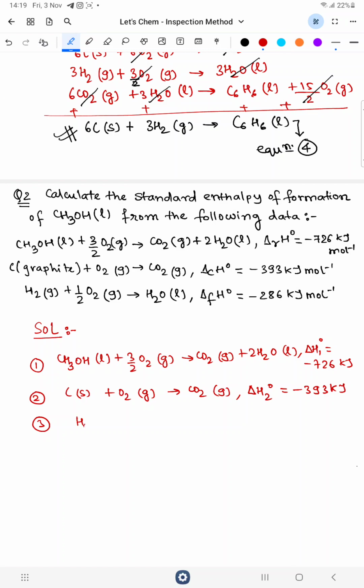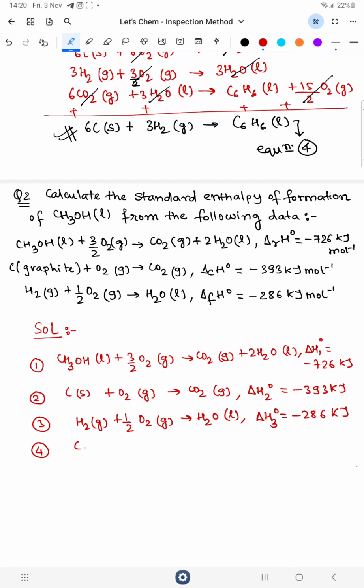Third, H2 gas plus half O2 gas gives H2O liquid. Delta H3 naught equals to minus 286 kilojoule. And the fourth thing that we have to calculate, the standard enthalpy of formation of methanol.